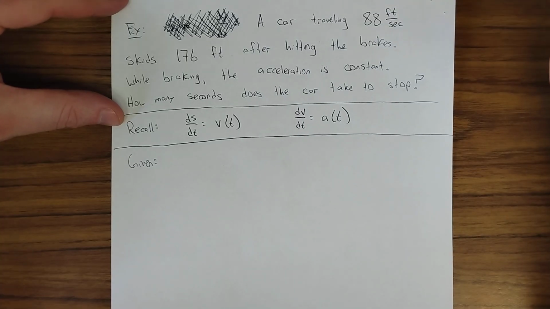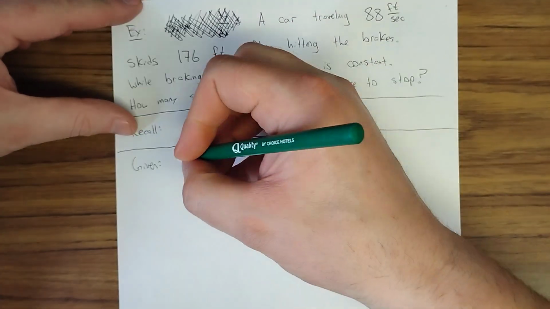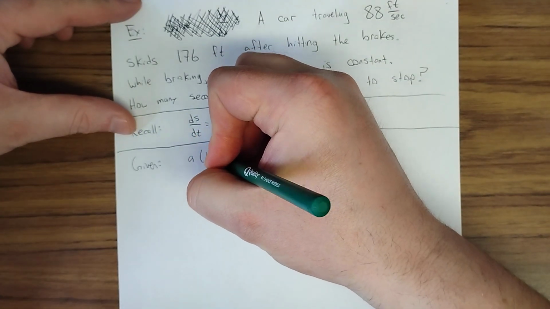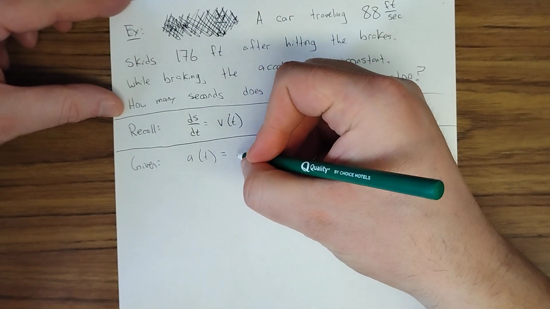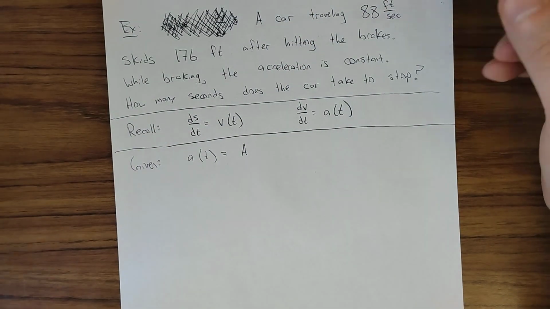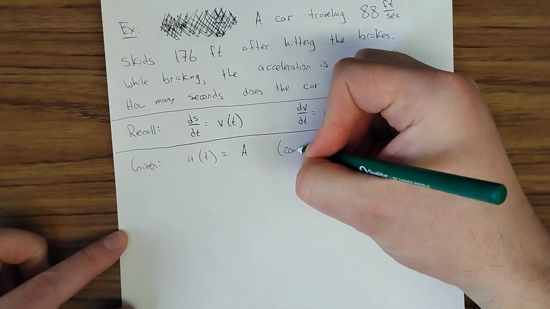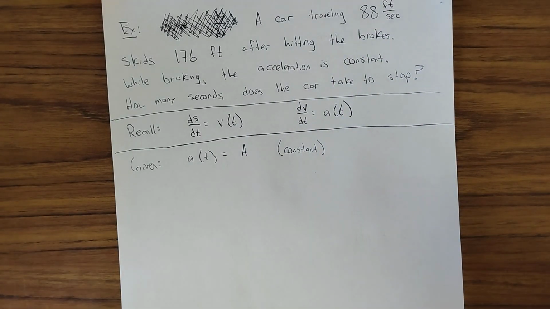So what are we given? Maybe let me start with acceleration. The acceleration is constant. So I'm going to say a of t is, I don't know, maybe I'll call it capital A. Let me start that over.